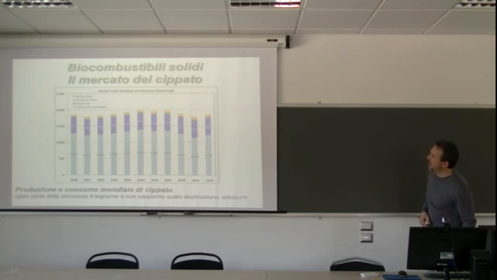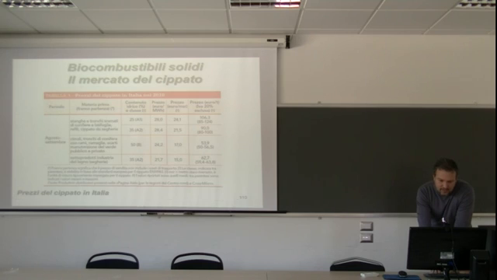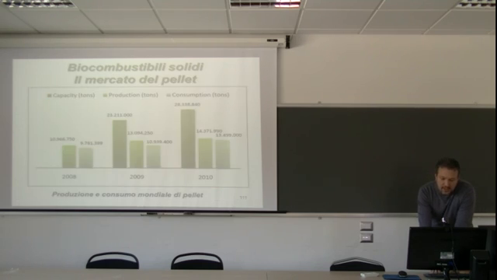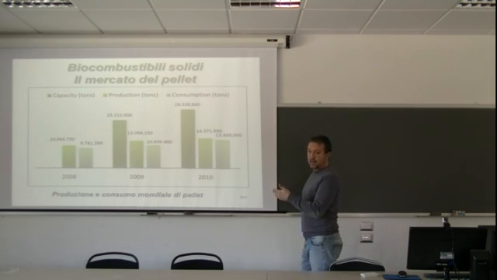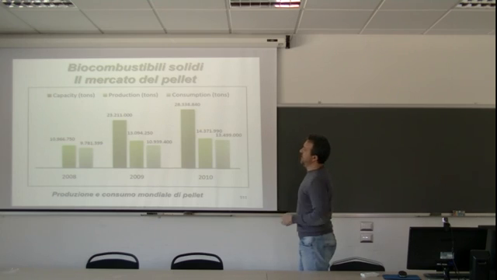Okay, these are some pictures about the use of several solid biofuels in Italy, and so this is wood chips mainly for industrial use, and this is the use of pellet, not only in Italy but here in the world.